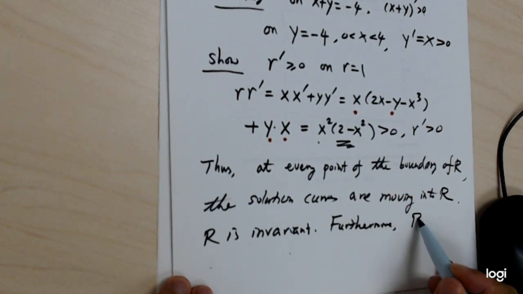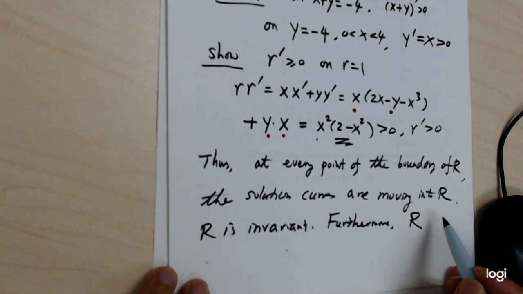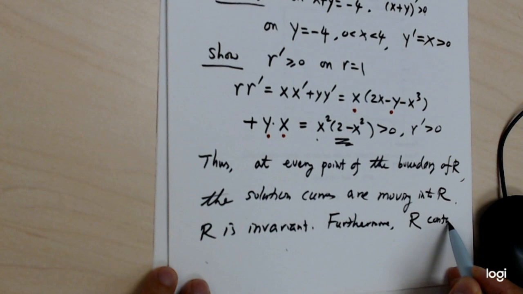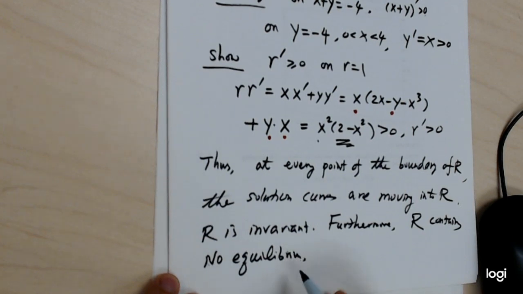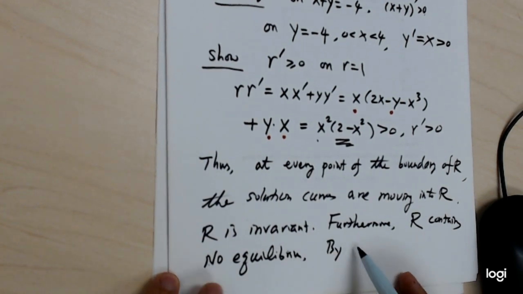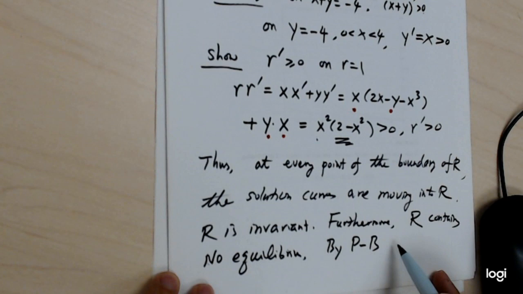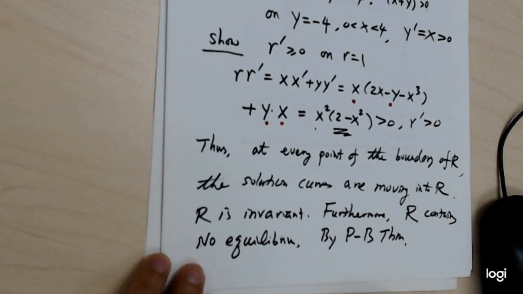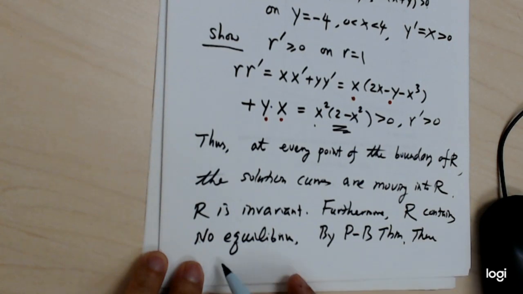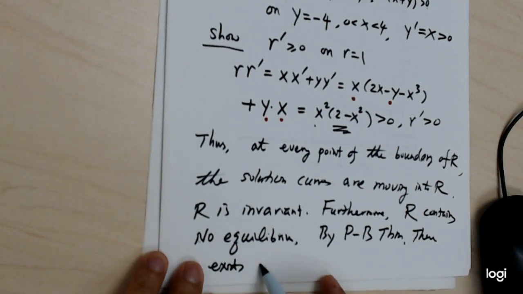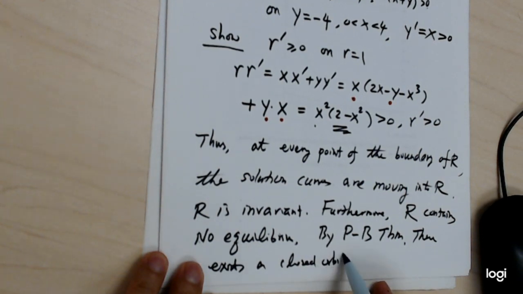Furthermore, the region that we created contains no equilibrium. By the Poincare-Bendixson theorem, there exists a closed orbit.